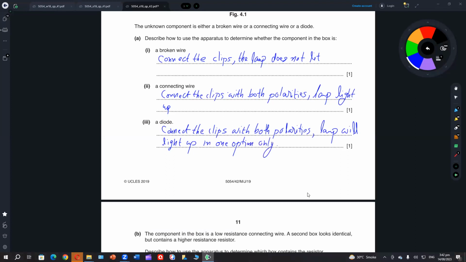The lamp will not light up in both options. Why? Because a diode is a one-way switch, and a diode cannot allow current in both directions.